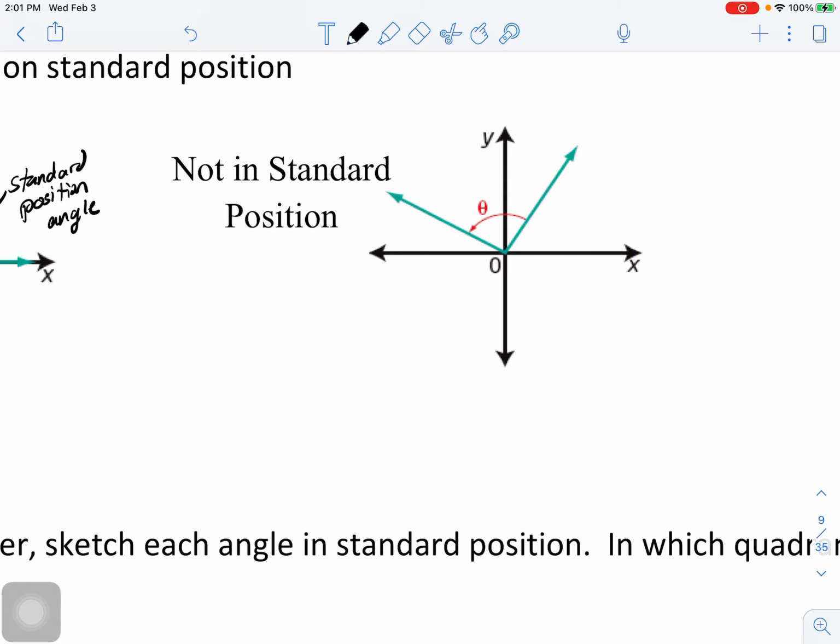One of these arms must be a positive x-axis in order to be a standard angle, which it clearly is not. So that's the issue here. Your initial arm is not the positive x-axis.